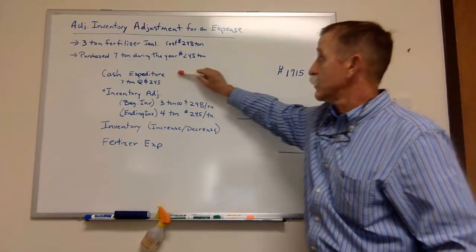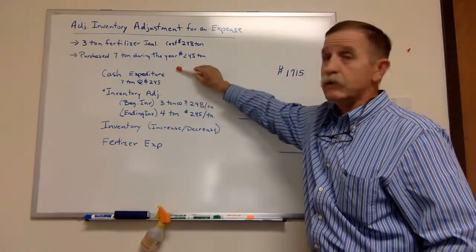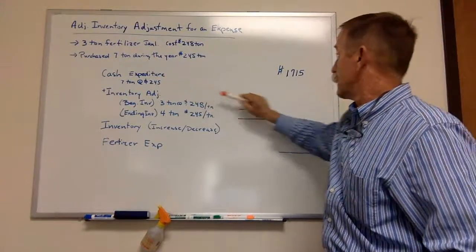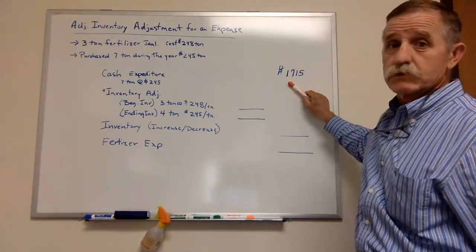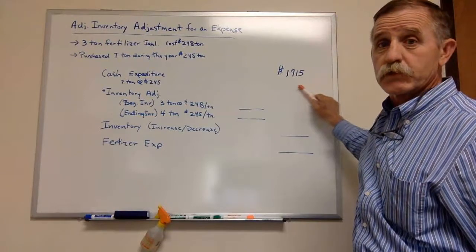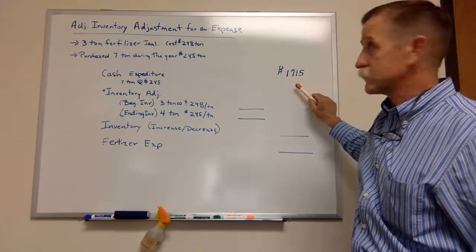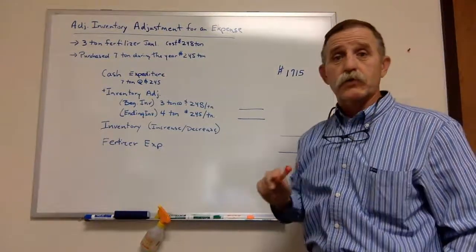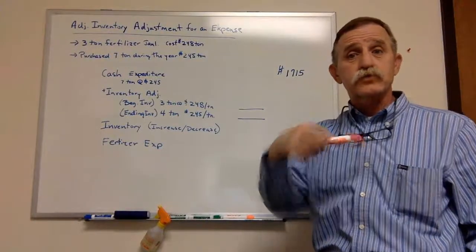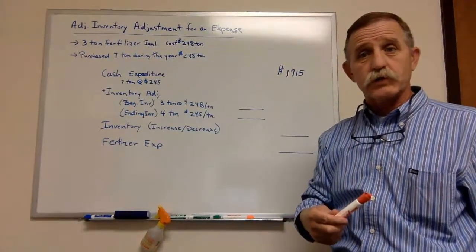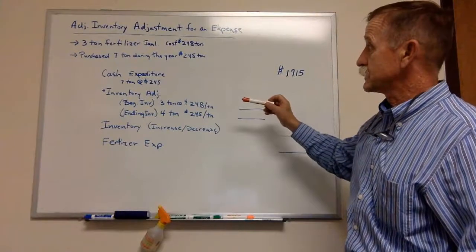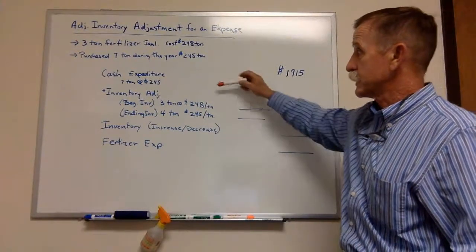Okay? So we had a cash expenditure of the year of $1,715. Again, that would be what would be reflected on a cash accounting system. But in order to get the true picture of what's going on here on a profit basis, we need to make an adjustment here.